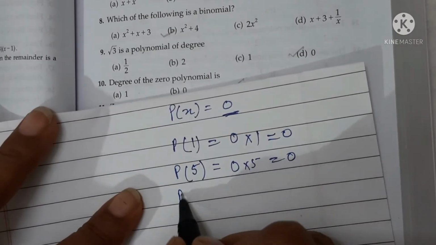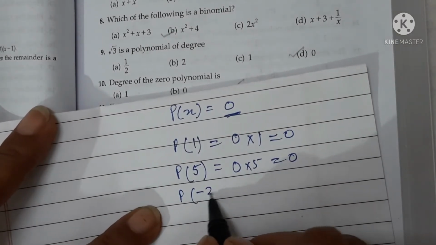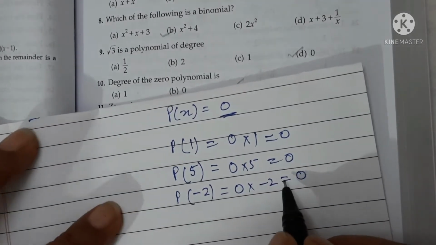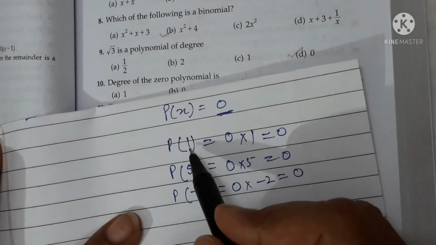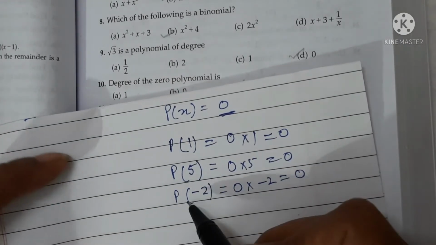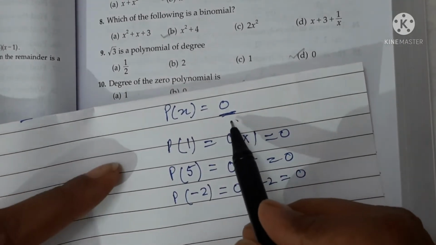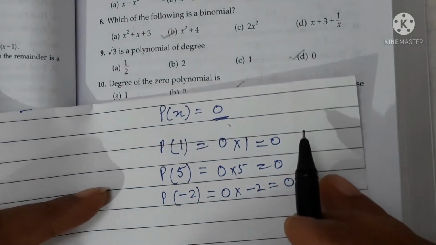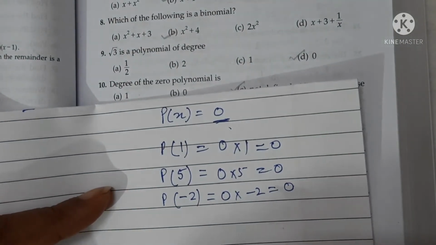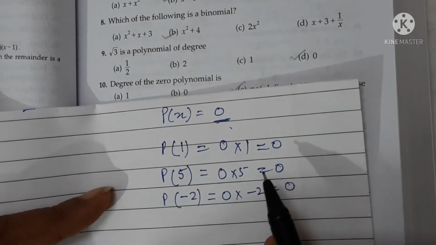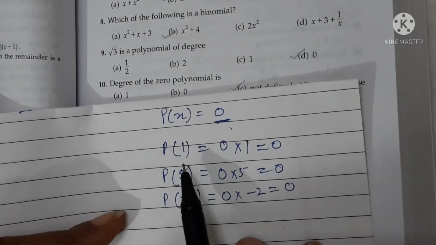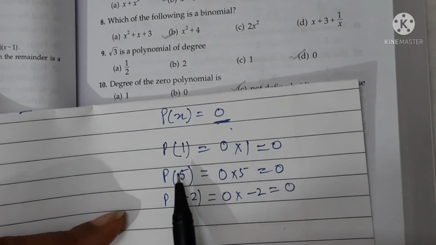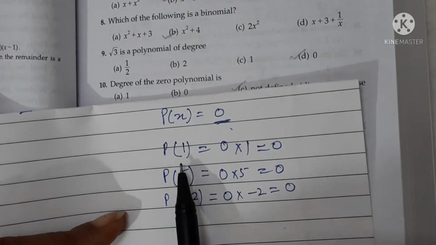Next, suppose minus 2. So 0 into minus 2 is equal to 0. So for any value of x, the zero polynomial becomes 0. And what is the zero of any polynomial? If we substitute any value of x and it becomes 0, that is called the zero of the polynomial.